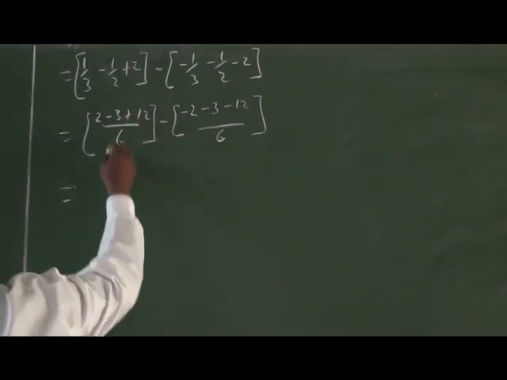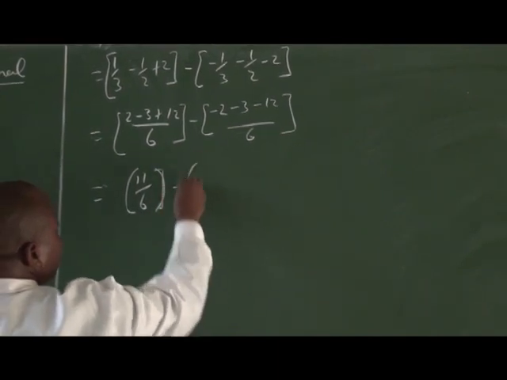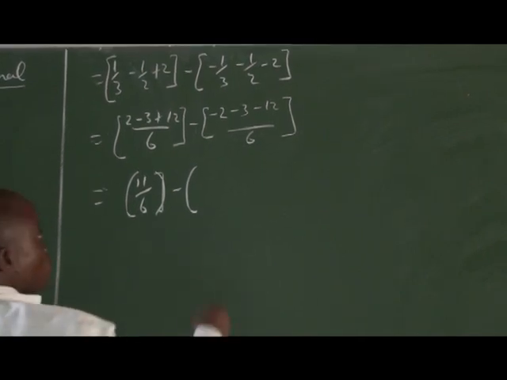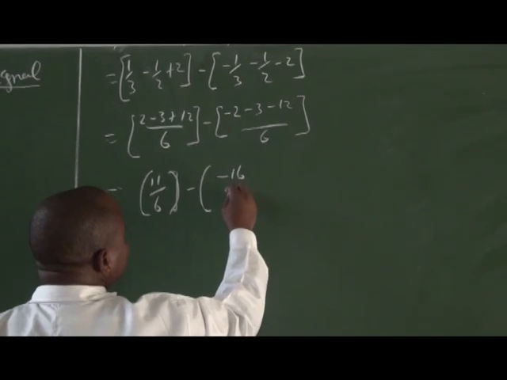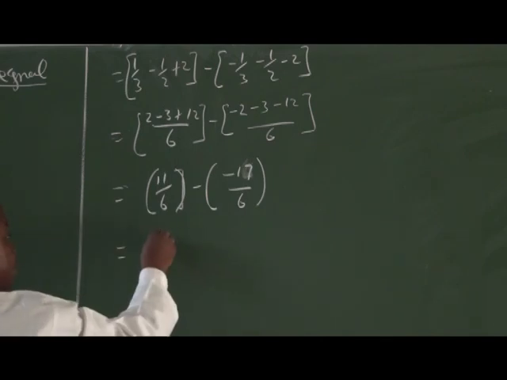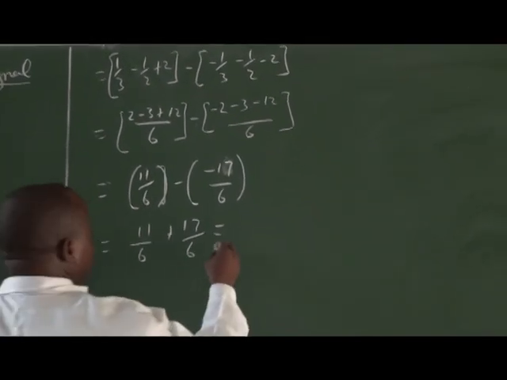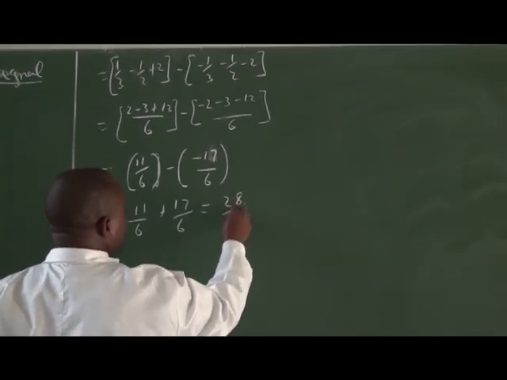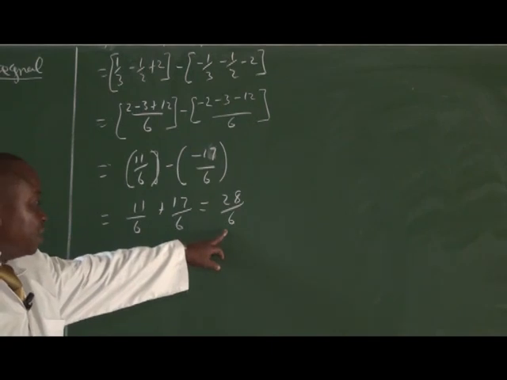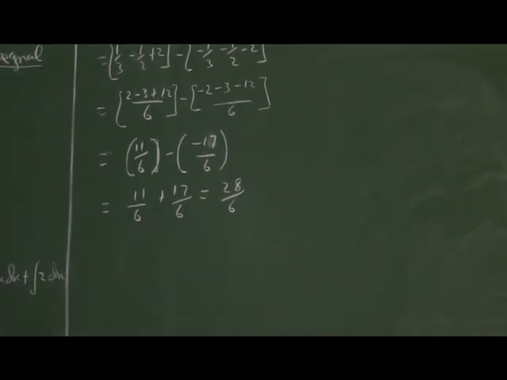Now the whole of this place is 14 minus 3, which is 11 over 6, minus the whole of this gives us minus 17 over 6. That gives us 11 over 6 plus 17 over 6, which gives us 28 over 6. So the definite integral will always give a value, a real value.